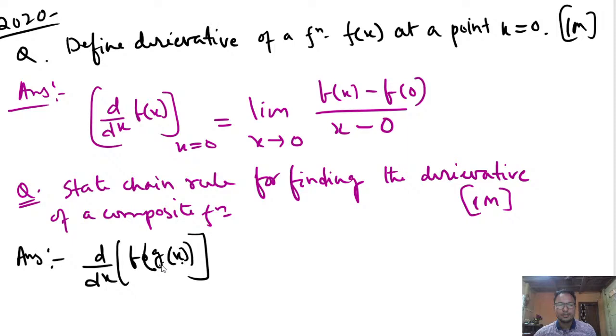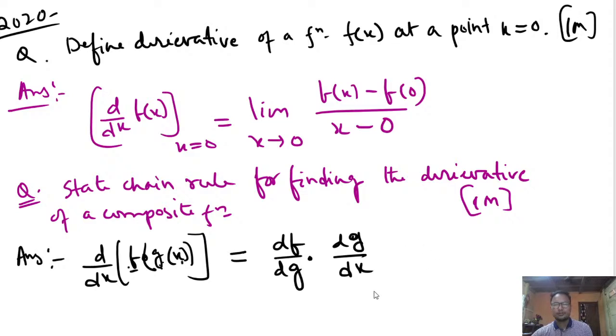The derivative is first the derivative of f with respect to g, and then the derivative of g with respect to x. So this is the answer, 1 mark. If you write let f and g be the functions and all that, you will get the marks.